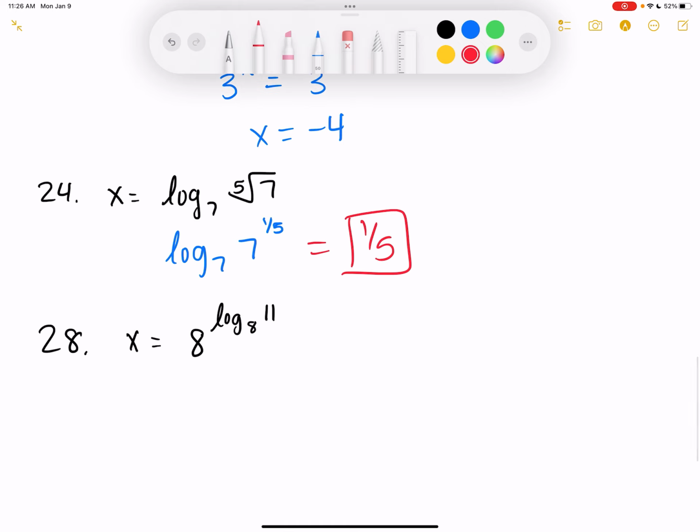Ideas? 8. So this stuff would cancel. So you have an exponential and a log which undo each other. So that stuff goes away. So it would be equal to 11.